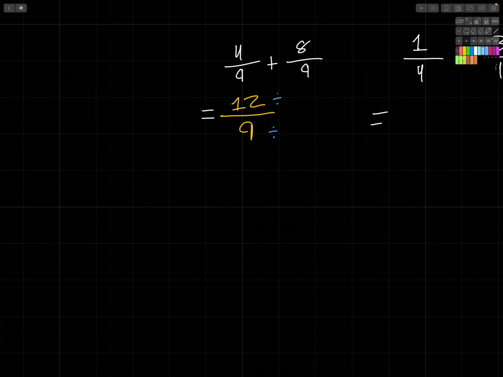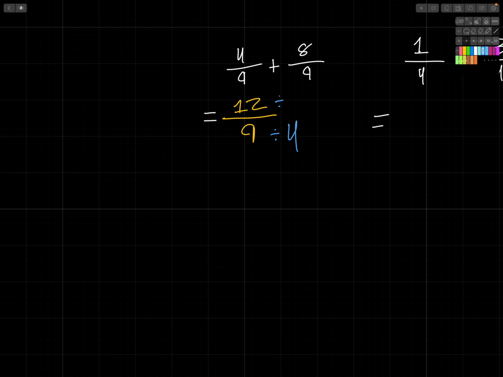So if you divided 9 by 4, that would turn into a decimal. But if you divided by 3, it wouldn't turn into a decimal. 9 divided by 3 is 3. So what's the greatest number that you can divide both these numbers by?